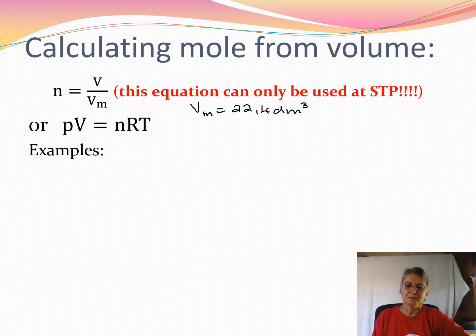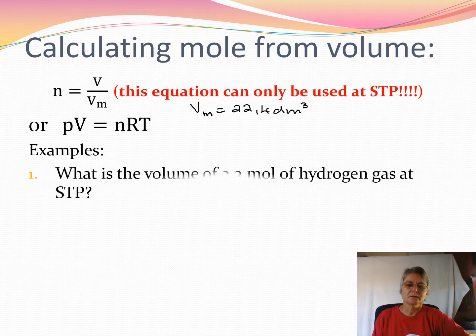So we're going to look at some examples now. The first example: what is the volume of 2.3 moles of hydrogen gas at STP? You could use either of the two equations above. Just for the sake of using both, I'm going to do the example that way. The mole is the volume over the molar volume. So the mole is 2.3. At STP, the molar volume is 22.4.